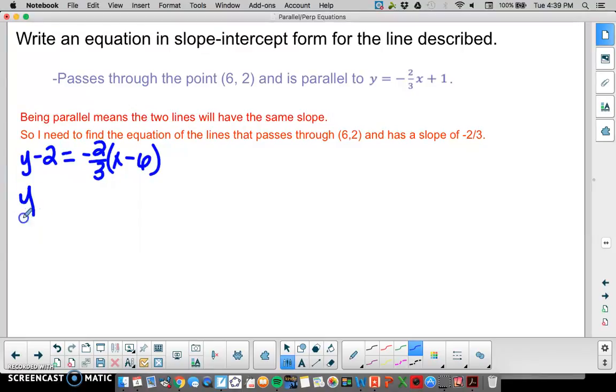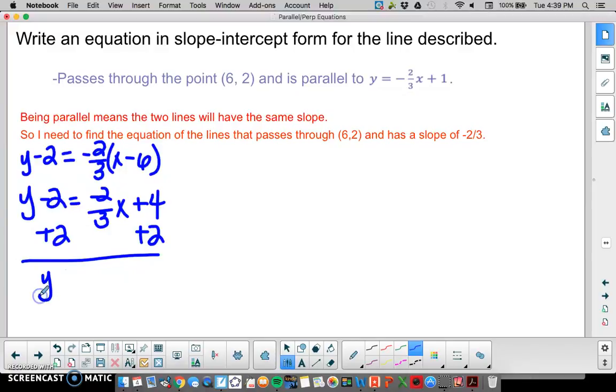So distribute your negative 2/3. y minus 2 equals negative 2/3 x. Negative times a negative becomes a positive. 12/3 reduces to 4. Now I'm going to add 2 to both sides. So I get y equals negative 2/3 x plus 6.